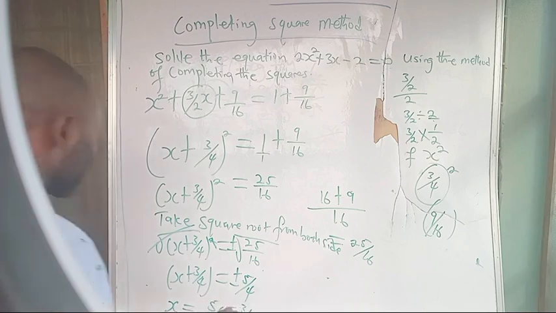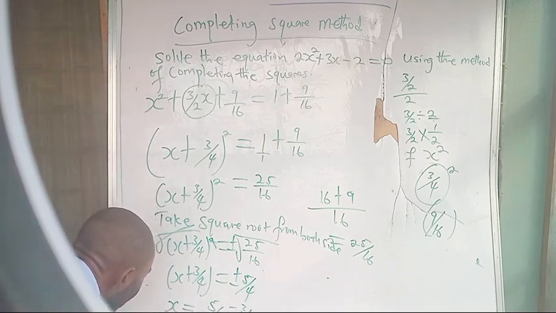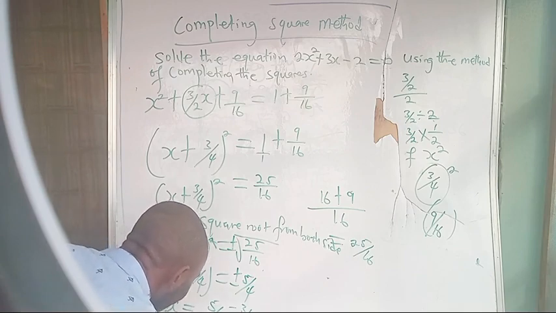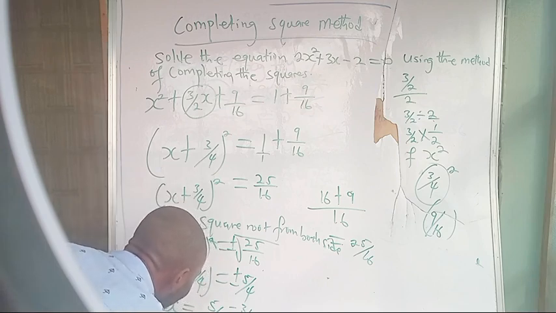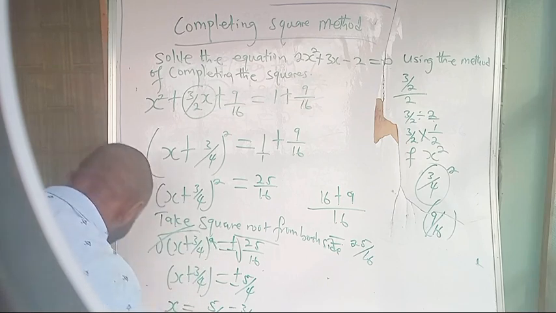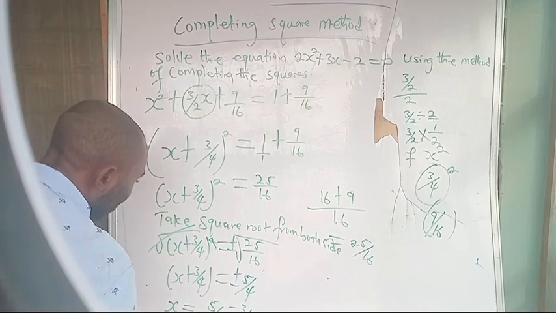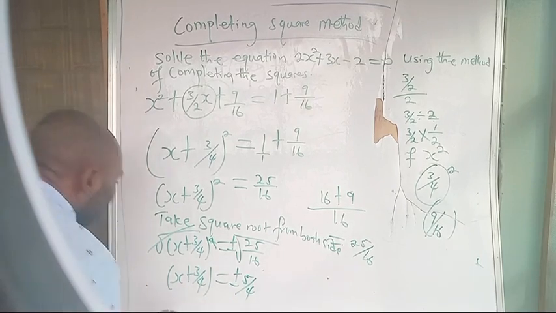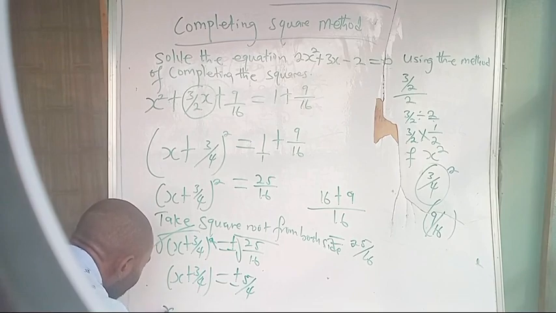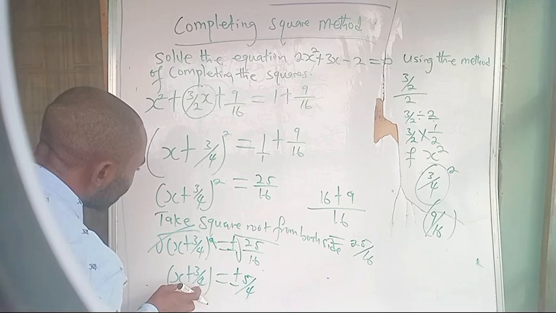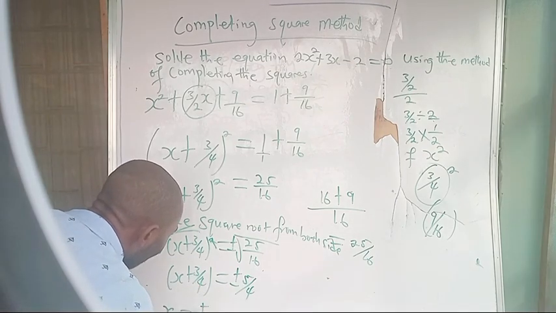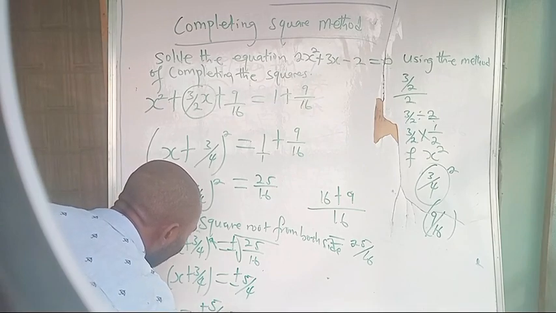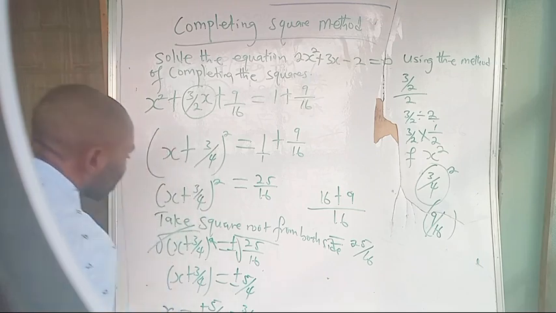So let's put it in a way we understand. That is, x is now equal to plus or minus 5 all over 4 minus 3 all over 4.